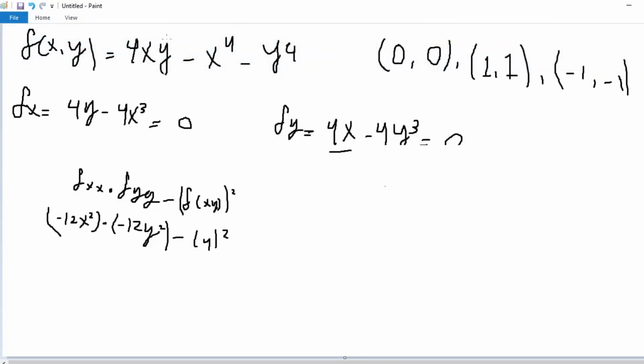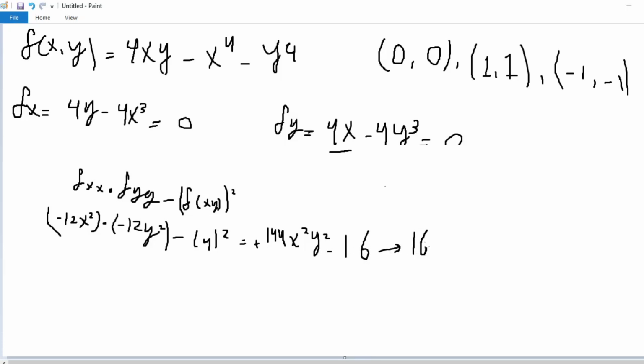Okay, so from here we can say that negative 12 times negative 12 is going to be plus 144, and then x squared times y squared, and then negative 4 squared, it's going to be negative 16. From here I can take 16 out.